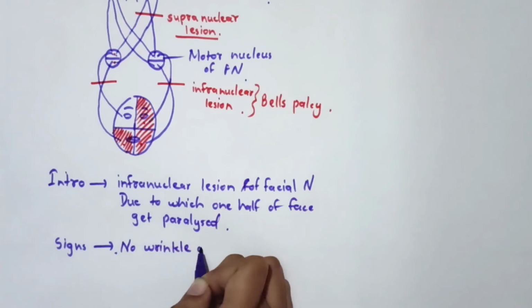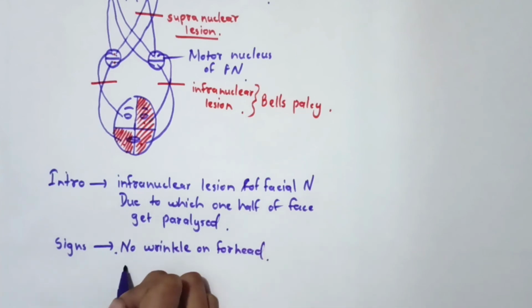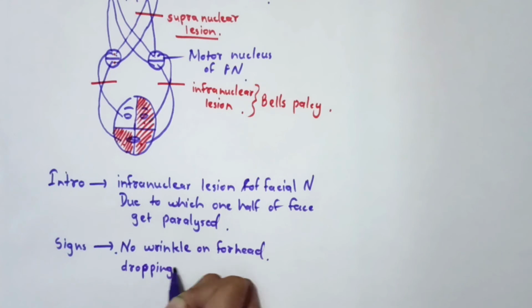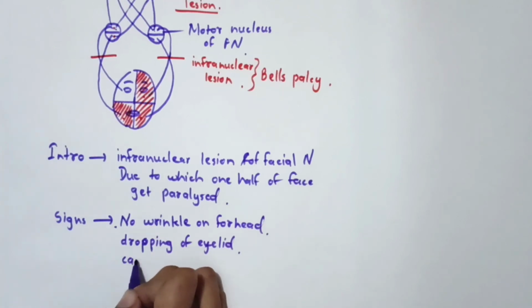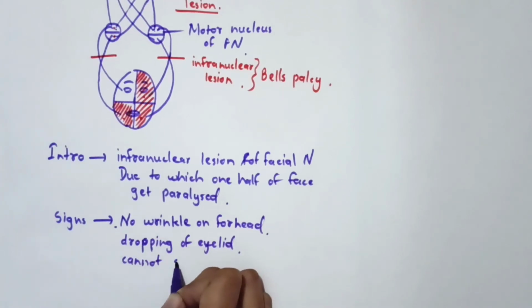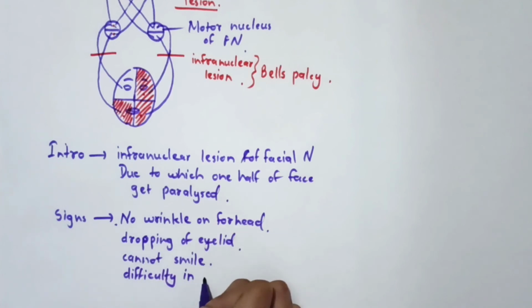No wrinkles on the forehead, and on the eyelid there is drooping of the eyelid. The person cannot smile, and also there is difficulty in eating and drinking.